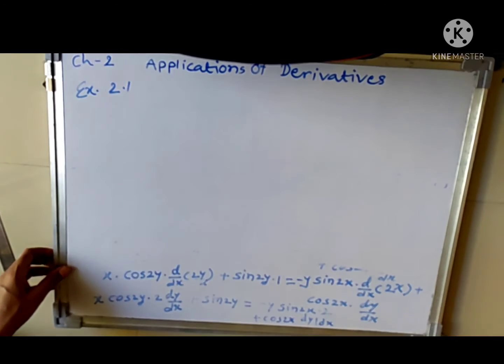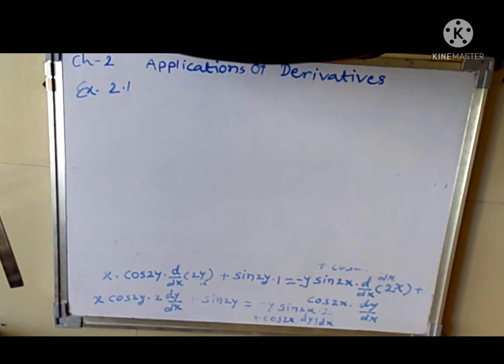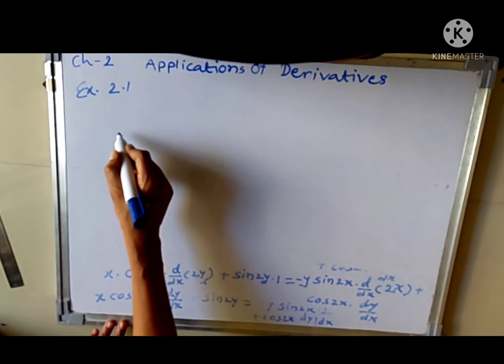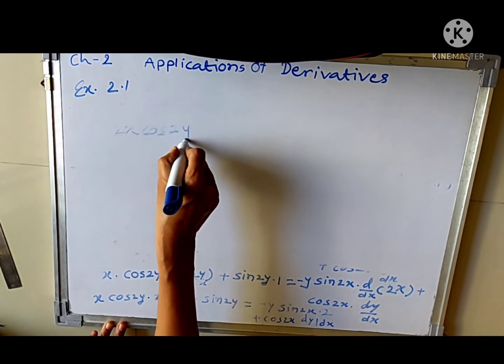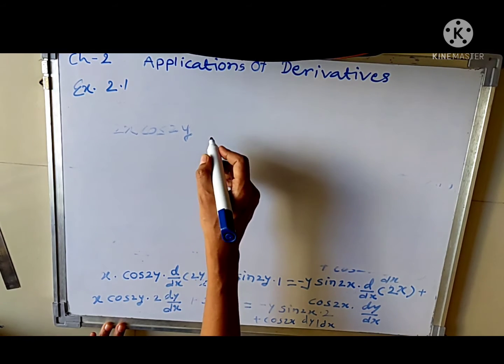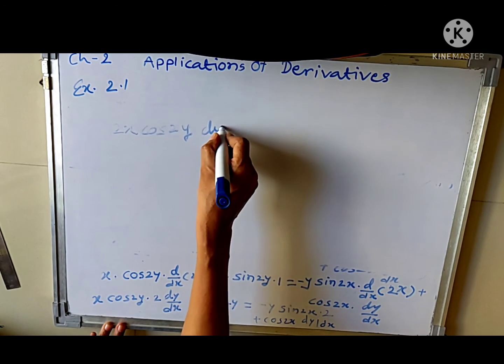Then after that, in the next step, you have to collect the dy by dx terms. On LHS it is 2x into cos 2y into dy by dx.